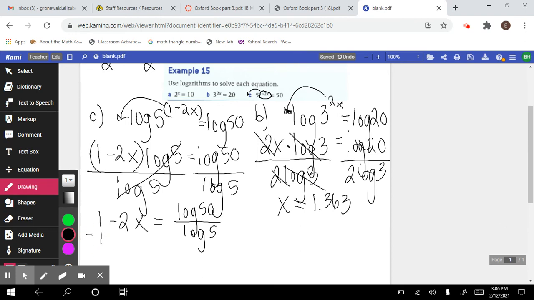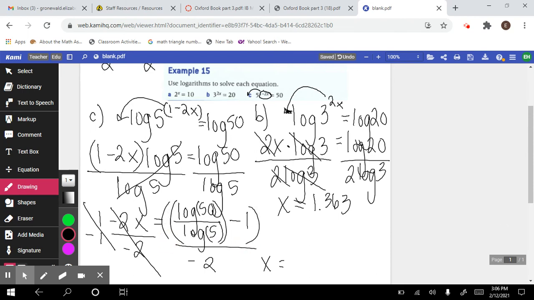I need to subtract the 1, so that's gone, and then divide by -2. This might be a little bit tricky to plug into the calculator, so I would recommend putting parentheses around this whole piece. Obviously, you'll have some parentheses around the logs that it will automatically give you, and maybe throw an extra set of parentheses around the top.